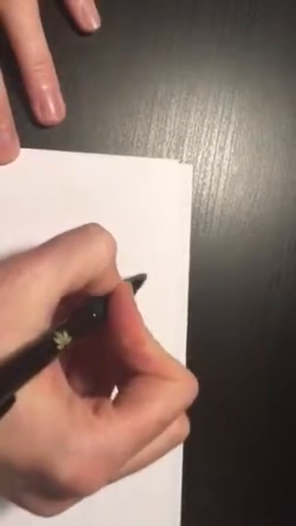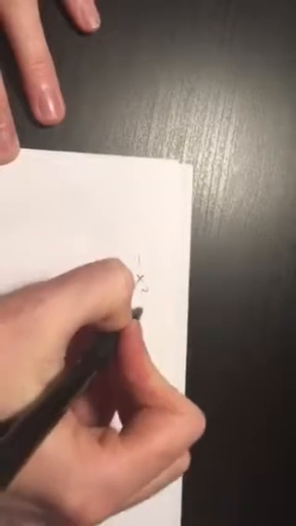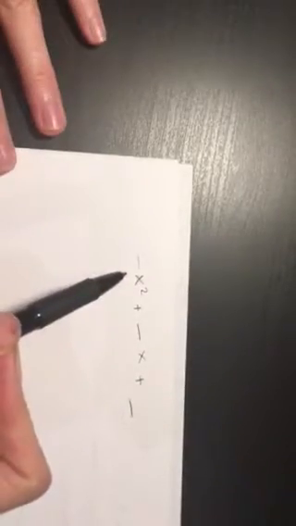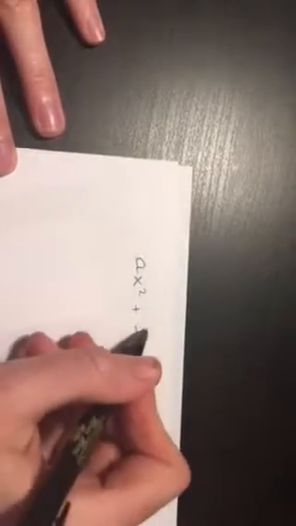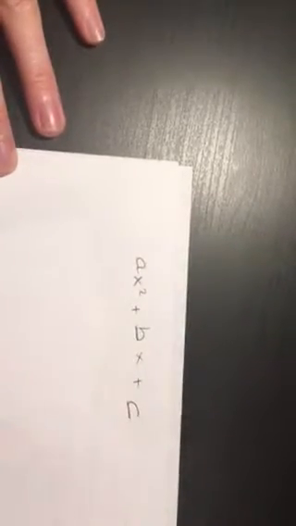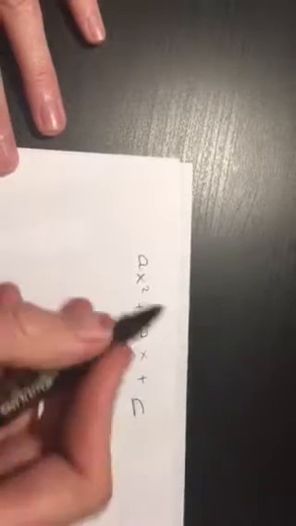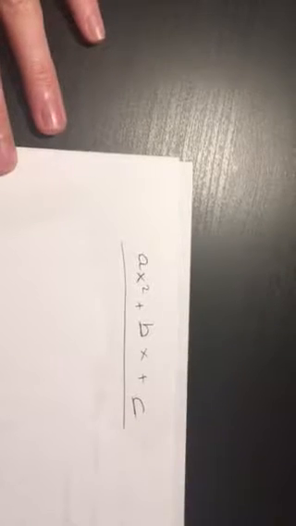The typical quadratic that you've been looking at is something x squared, something x, and another something. So we normally have something x squared, maybe ax squared plus bx plus c. That's just the word quadratic.